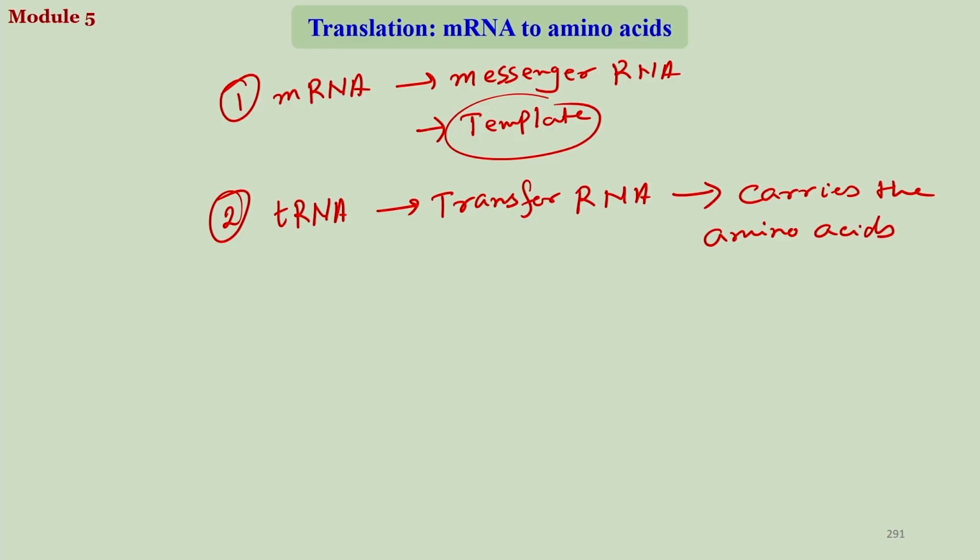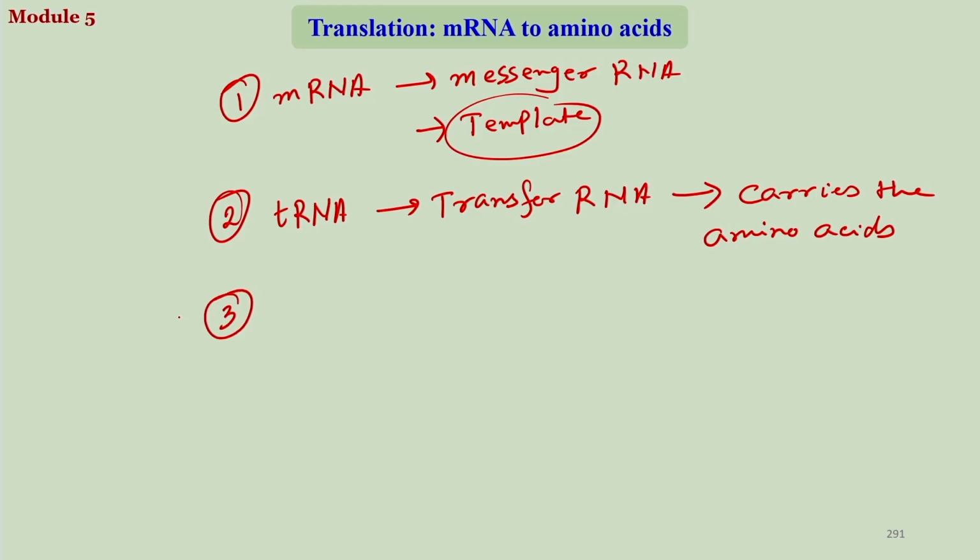So for the synthesis of protein, you need to bring multiple amino acids close together, and then only can they react to form the peptide bond. Transfer RNA is the molecule that actually brings or carries individual amino acids.